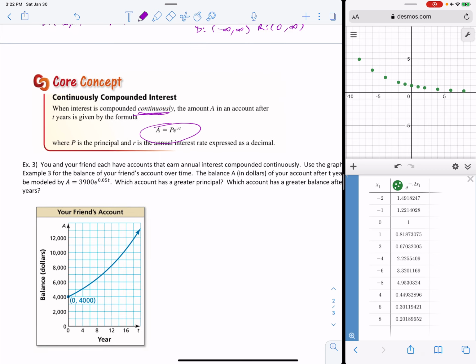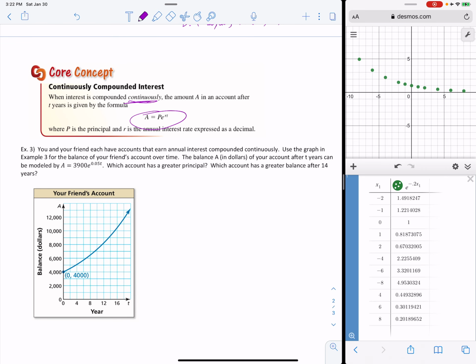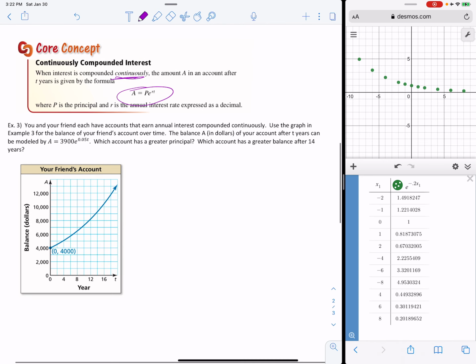And so you have a problem very, very similar to this in your homework. And so you've got two things happening. You've got a graph of your friend's account, but for your account, you have an equation. Which account has the greater principal?